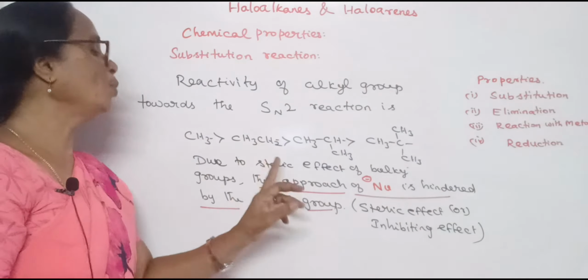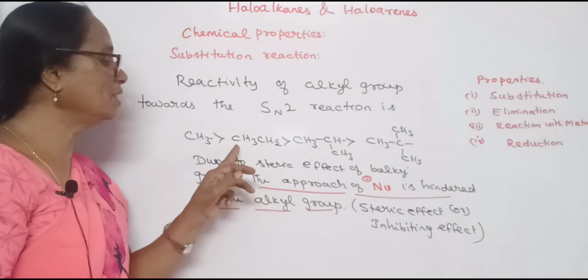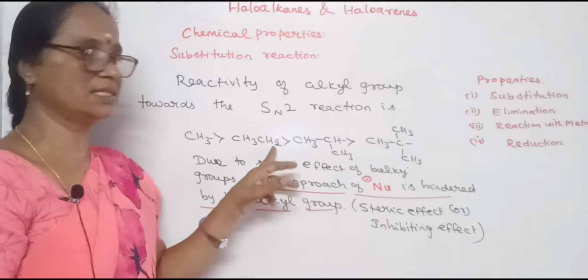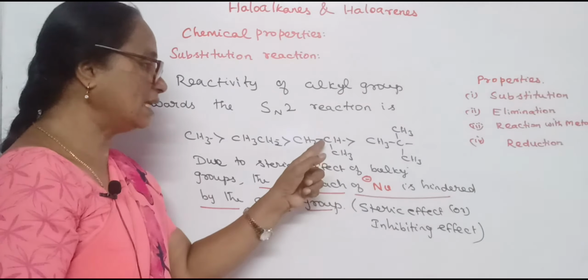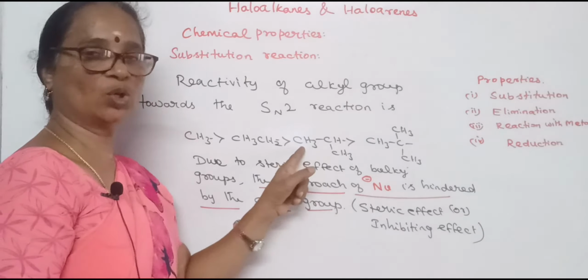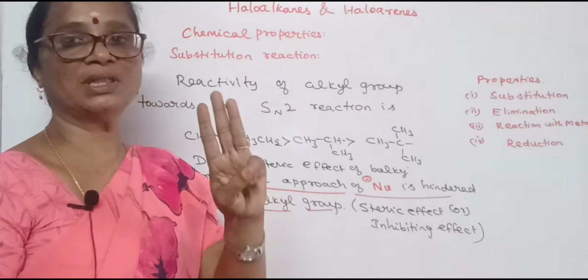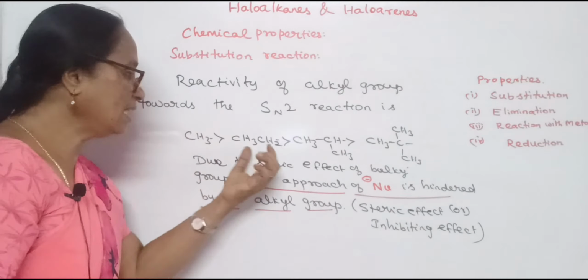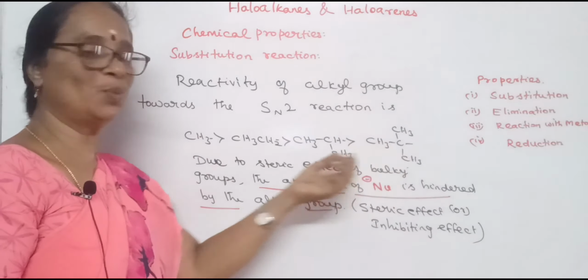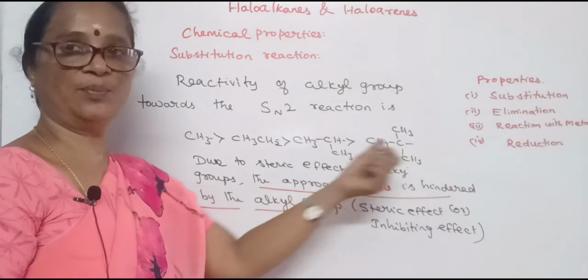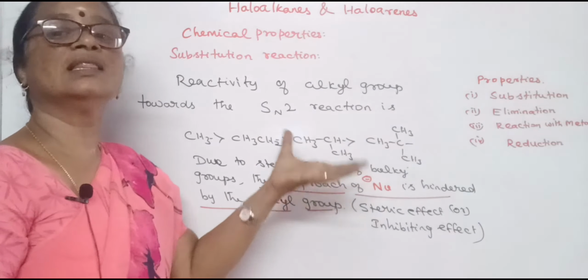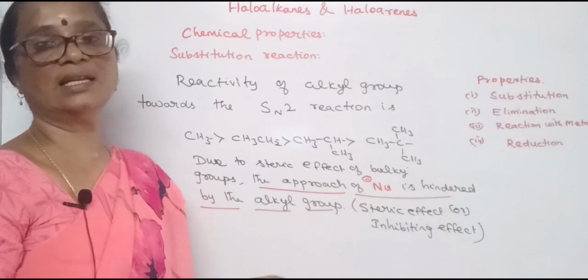But in ethyl, that carbon has 1 methyl group along with 2 hydrogens. In isopropyl, that carbon has 2 methyl groups. In tertiary butyl, that carbon has 3 methyl groups. So the increasing number of alkyl groups from methyl to tertiary butyl makes the molecule larger in size.